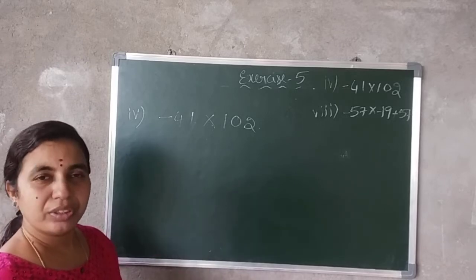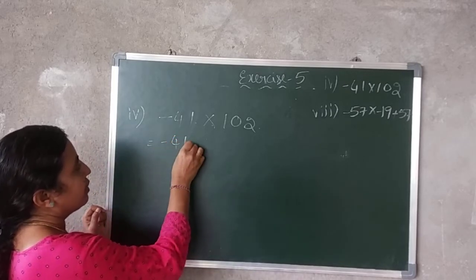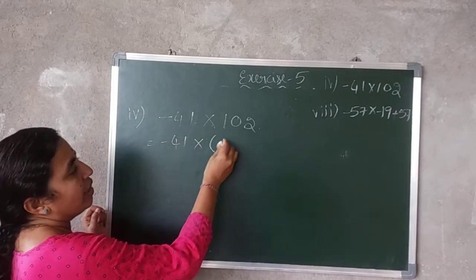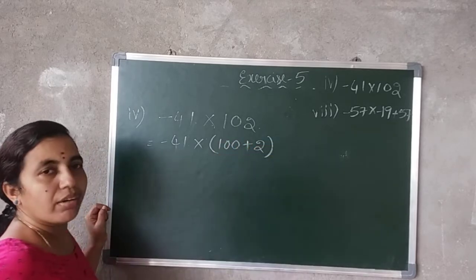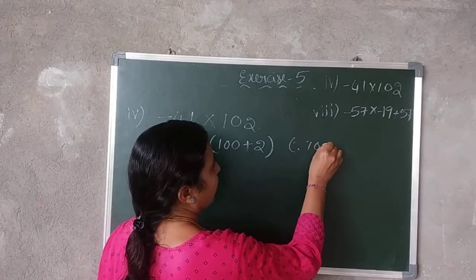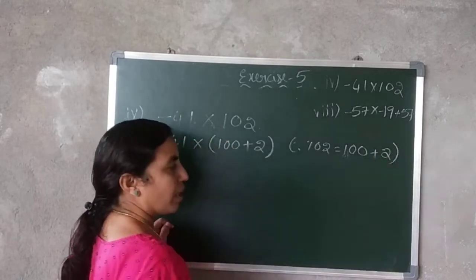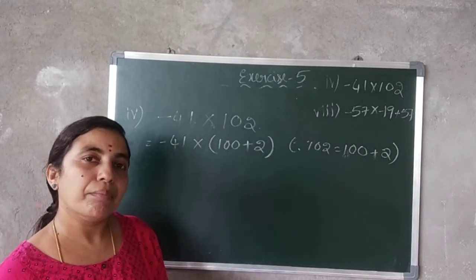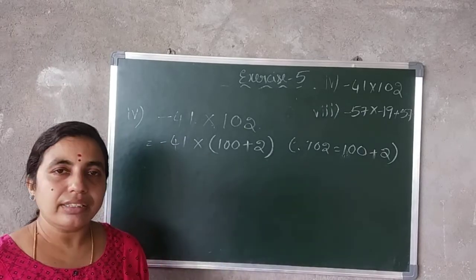But here we have to use the properties. So for that what I will do is, minus 41 into 102 can also be written with 102 as 100 plus 2, since 102 is equal to 100 plus 2.